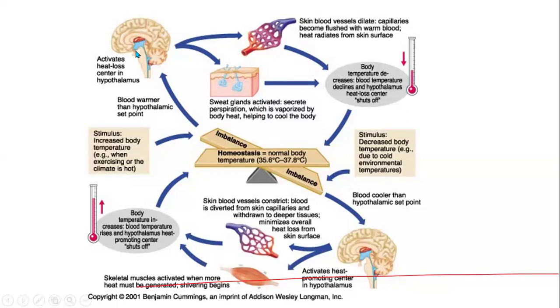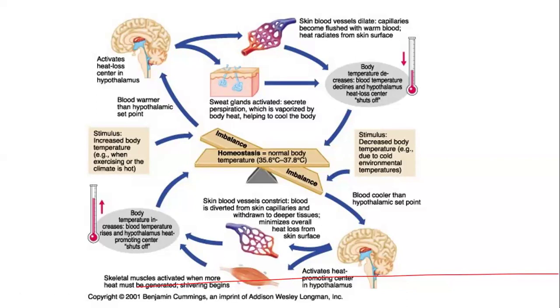Then the hypothalamus is going to send impulses, which are going to go to a number of places. One of them is going to be the blood vessels near the skin, the capillary network near the skin, and also the sweat glands. So the blood vessels near the skin are going to become dilated. That means they are going to increase in their diameter.